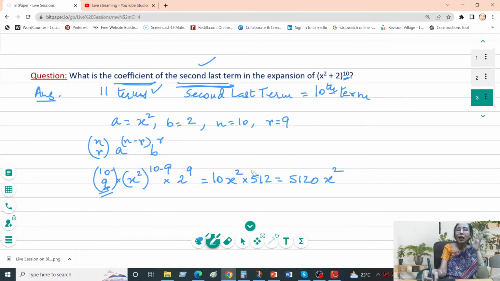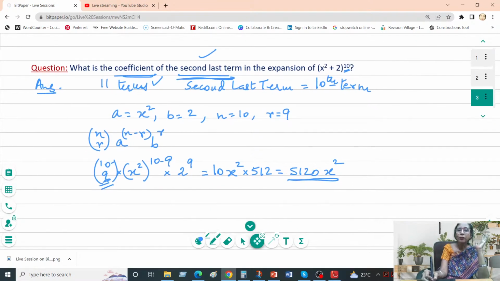Okay, if they had asked for the entire term, our answer would have been 5120 x squared. But they have asked for the coefficient.